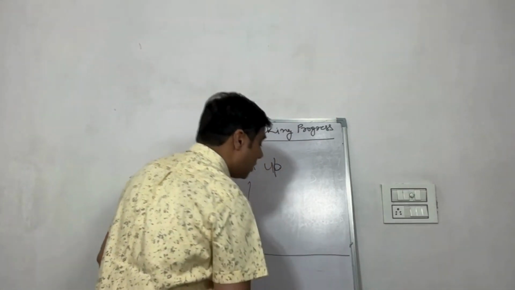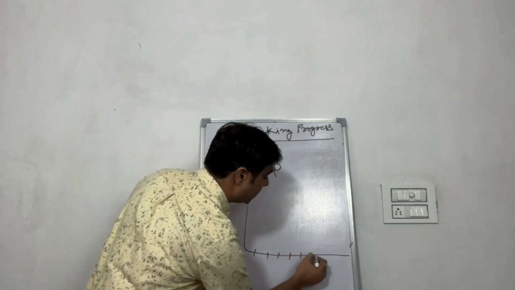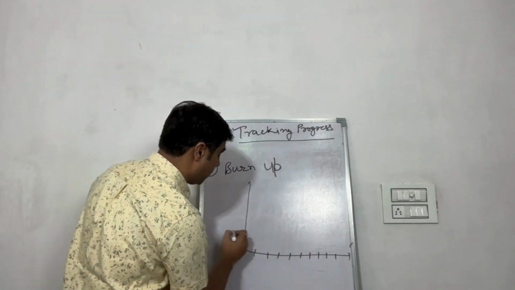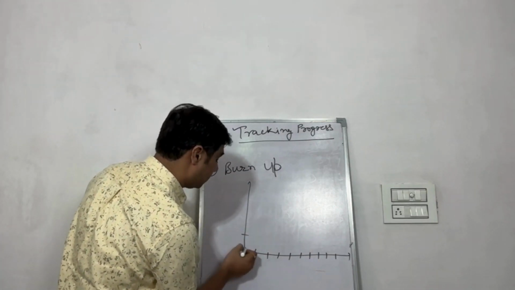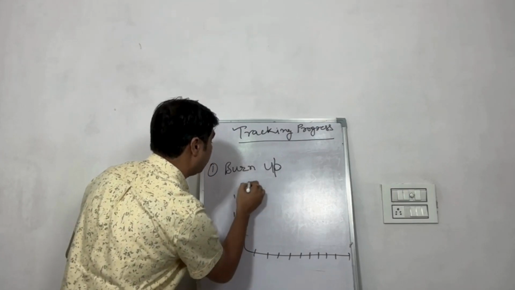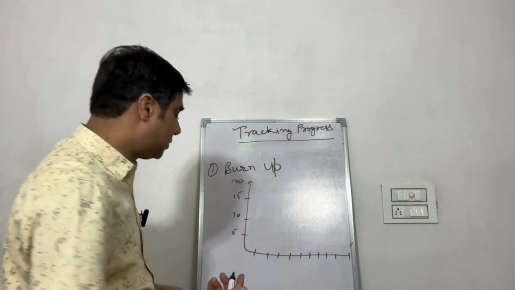So let's suppose you have the same, 1 2 3 4 5 6 7 8 9 10. Now you have the story points, 0 5 10 15 and 20. So how will your burnup chart be shown?